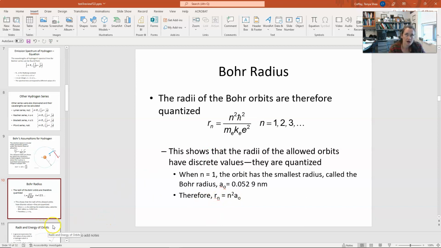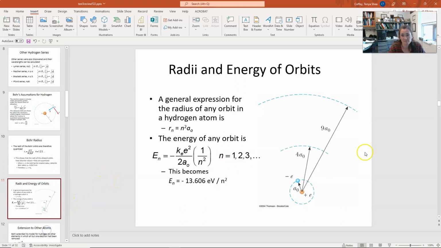If the radii are discretized or quantized, only allowed certain values, then what that means is that the energies of these electrons will also only have certain values. It will be a quantization of the energy or a discretization of the energy, okay? So fixing the radius fixes the mechanical energy of these electrons in their orbits.